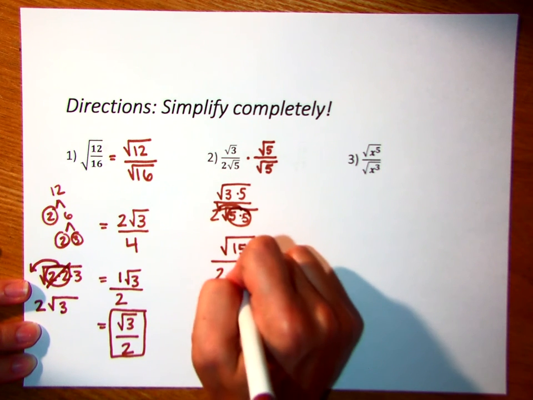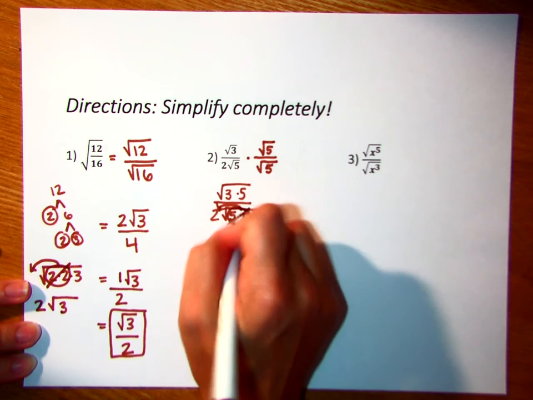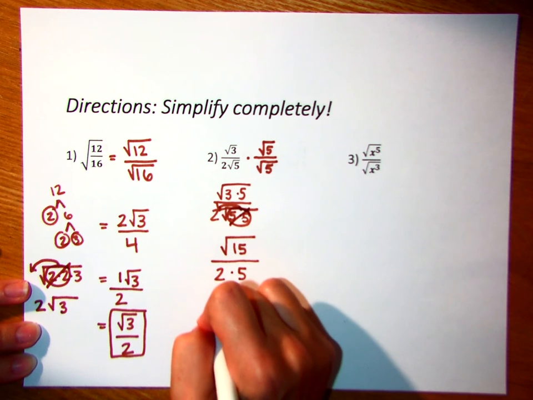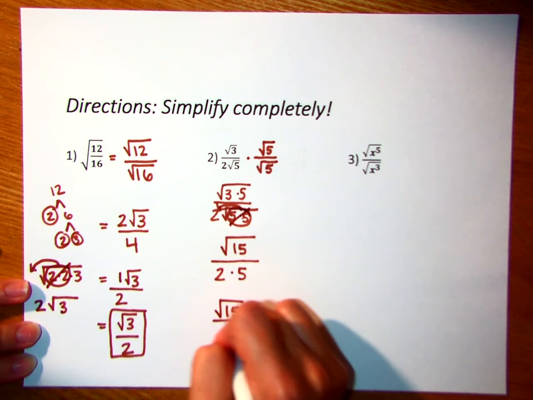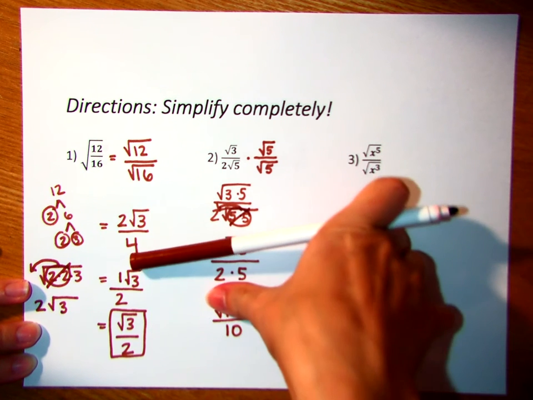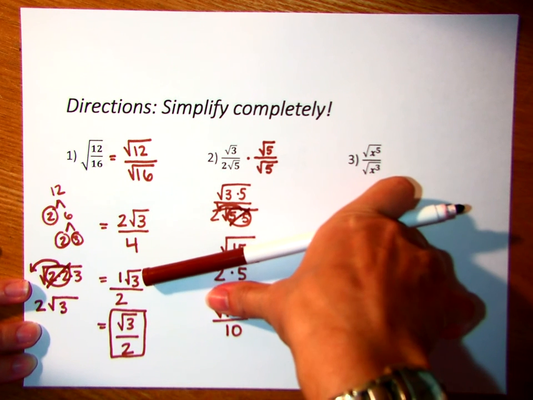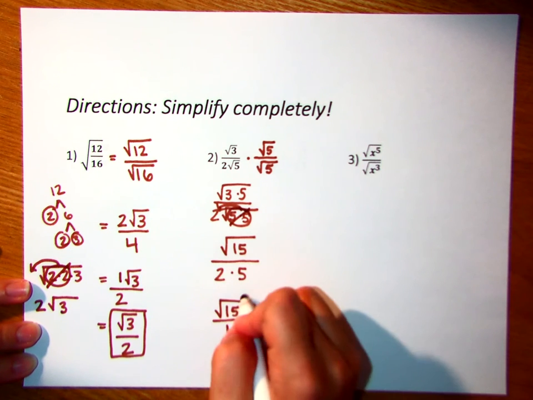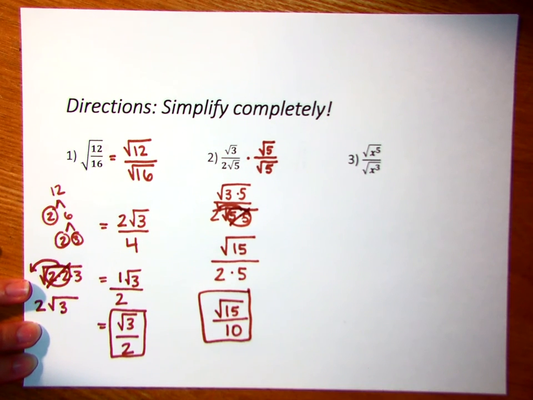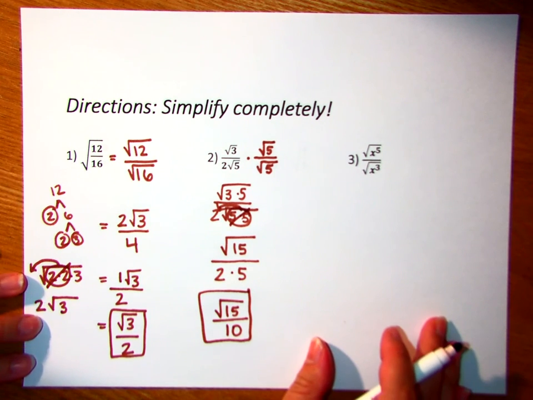So we're going to do 2 times 5, and that takes care of that, nothing on the inside. So we have the square root of 15 over 2 times 5 is 10. Again, cover up all the radicals and simplify the numbers. Well, there's nothing left but a 10, so that's not going to simplify. So we are done.